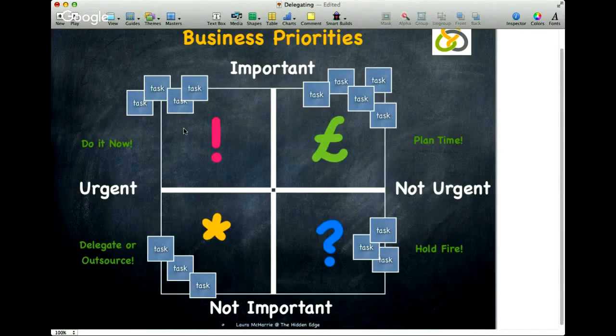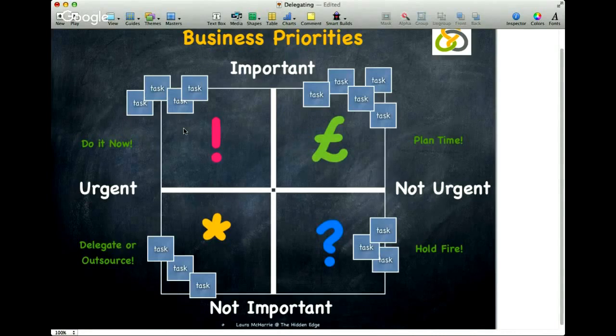All those asterisk tasks, those urgent little things that need doing that are not really that important but are easy to do, can sit in the asterisk box. The one where really we should be delegating or outsourcing all of those activities to give ourselves the time to deal with the important and urgent tasks.